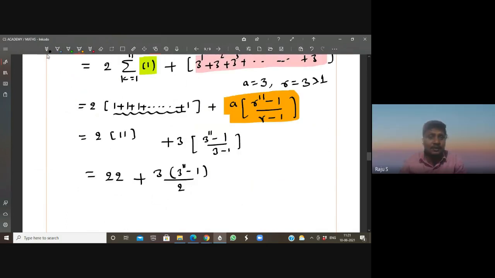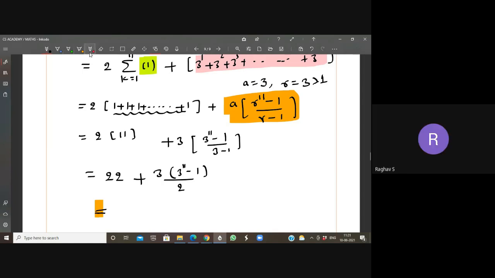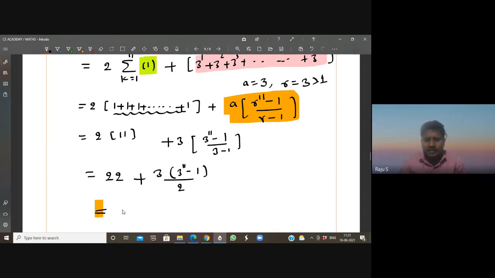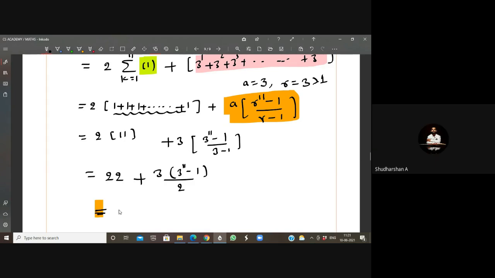Total value, what is it? You can keep it as it is. In the answer, they have not simplified it.